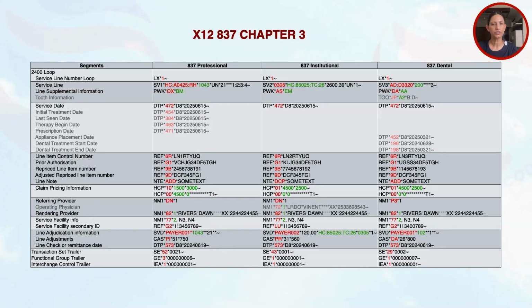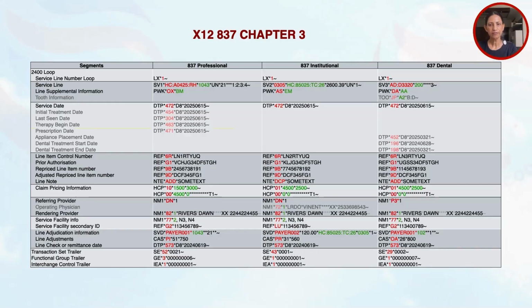You can please refer to chapter 2 for those code types. But here, as you see, we have used PWK01 equal to OX or DB. OX stands for Oxygen Therapy Certificate. DB for Durable Medical Equipment Certificate. I will further talk about these two when we understand the therapy begin date for DTP 463.